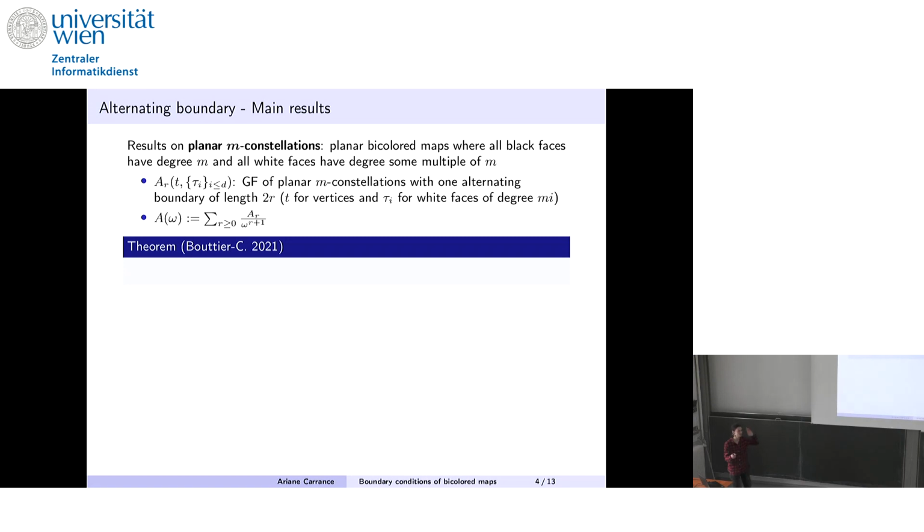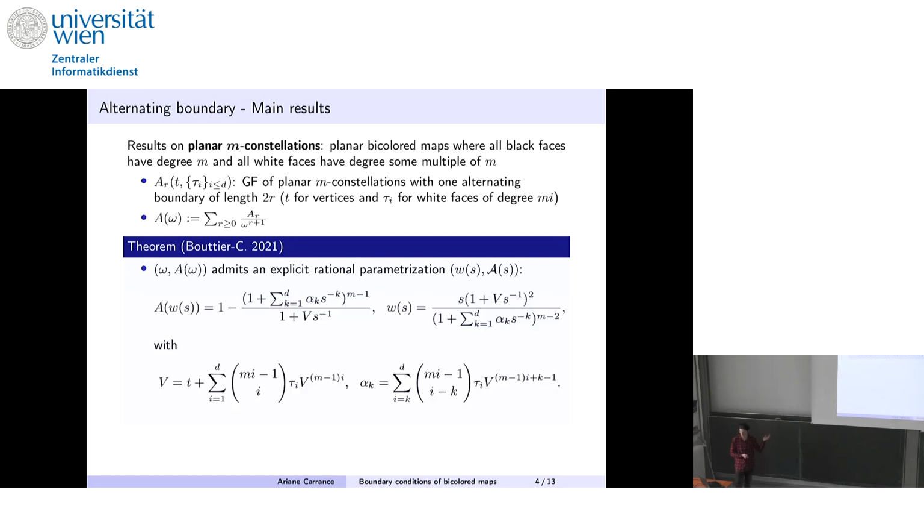And then I pack it into a bigger generating series with omega, that's the variable corresponding to the boundary length. And we proved with Jérémie Bouttier that this generating function for the disk also has an explicit rational parameterization, where here I define explicitly the alpha_k's and v, which are auxiliary functions that were also appearing in the parameterization for the monochromatic condition.